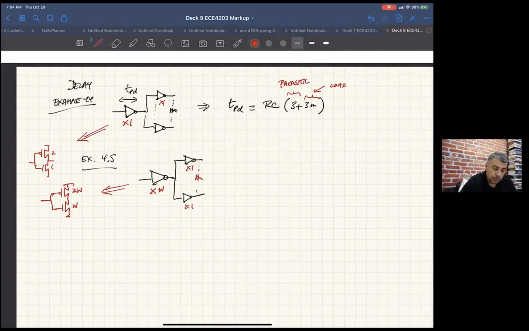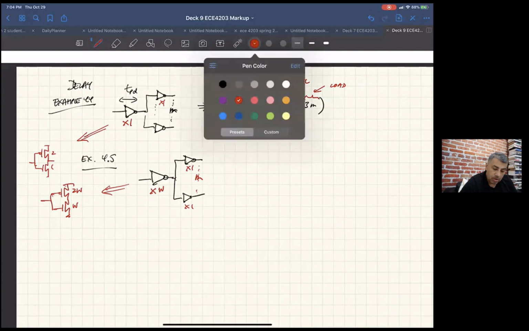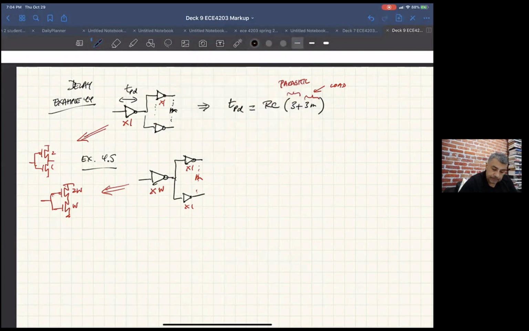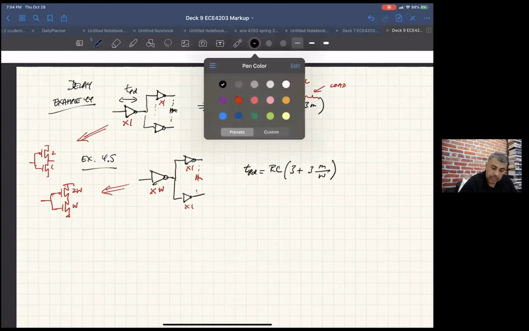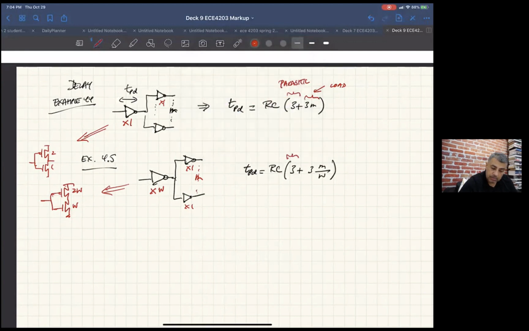And the equation for that was M over W. Again, this was the parasitic, and this one was the load.